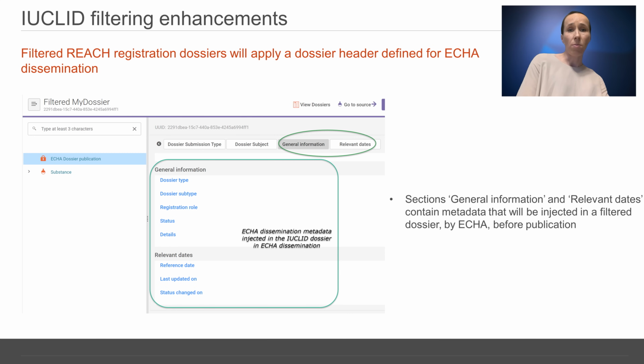Metadata is coming from ECHA dissemination related systems. The filtered dossier header in your local Euclid is for information purposes. Always remember to submit unfiltered dossiers to ECHA.